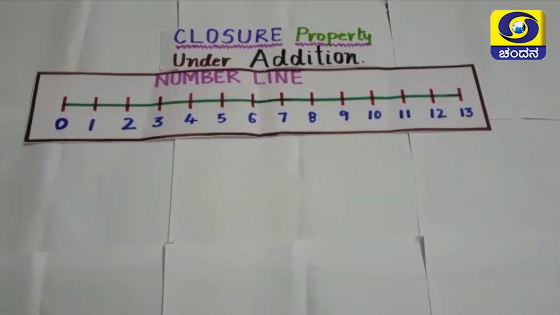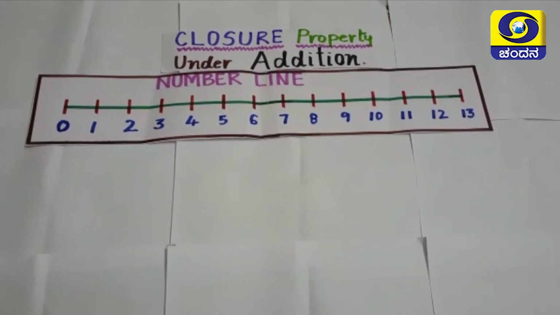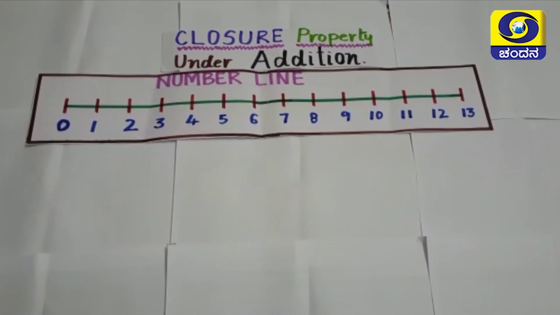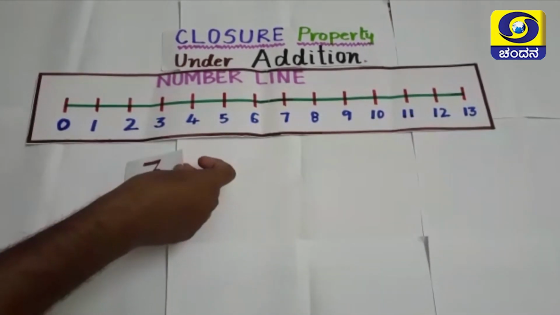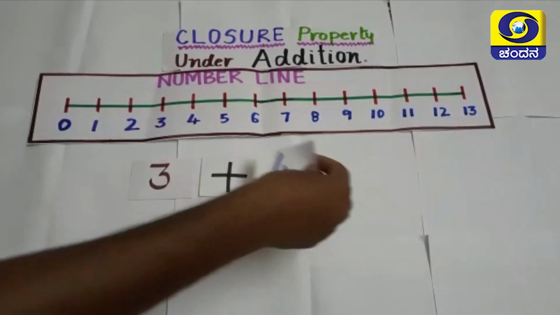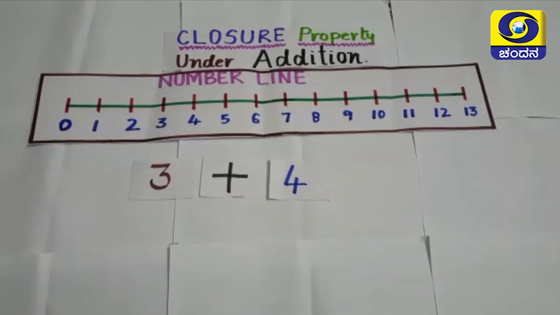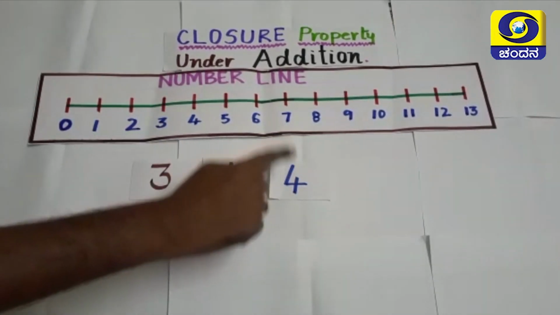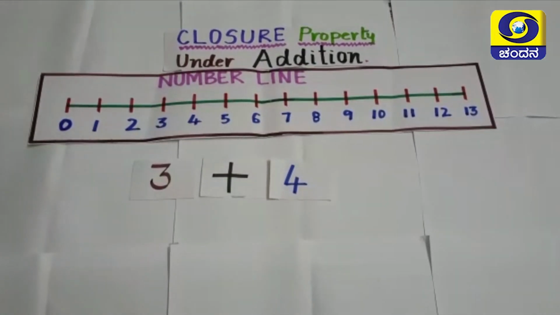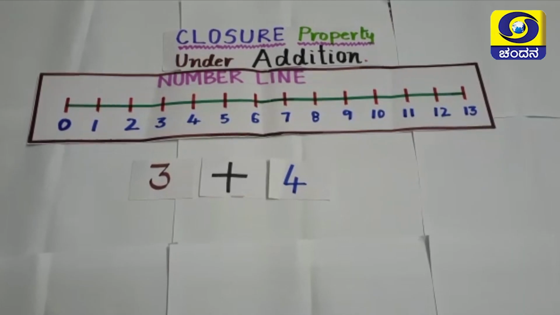Let us add two whole numbers 3 and 4. 3 is present in this number line, so I can say 3 is a whole number, and 4 is also present in this number line. You can also say that 4 is a whole number.